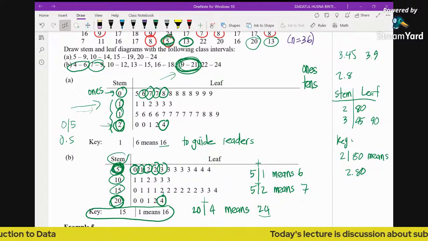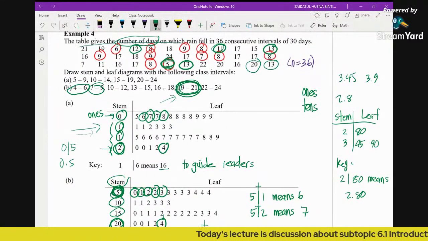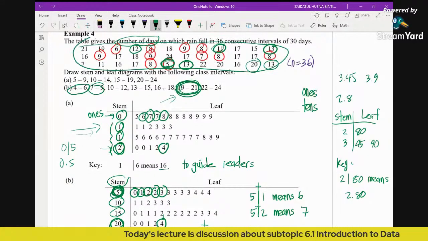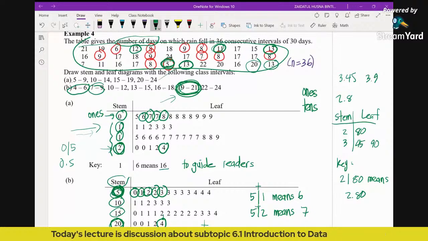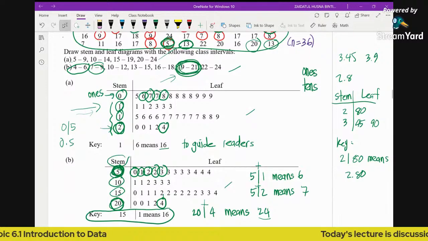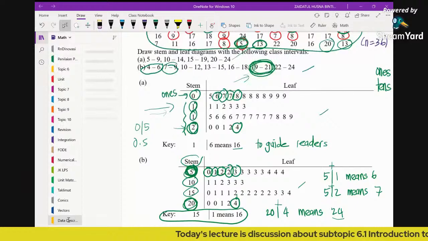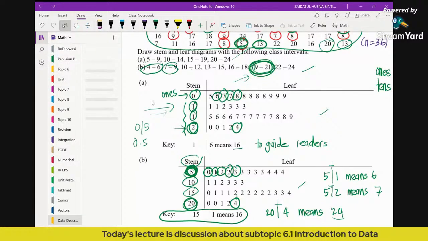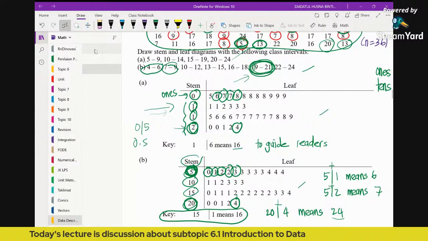Again, even though we have one particular set of values, we can still use two different stem and leaf diagrams to represent our data. So the idea, or the conclusion I would say, for this stem and leaf, I have given you in this summary. So you may refer to the summary.